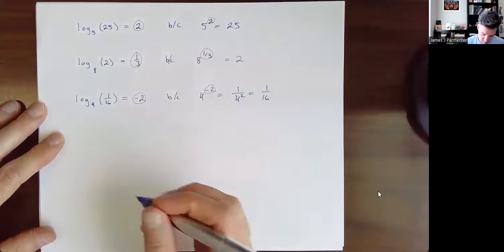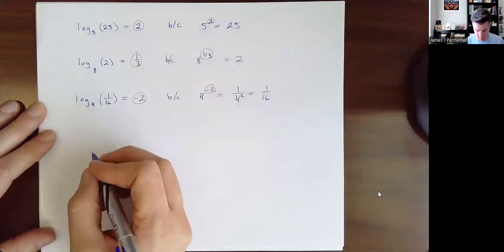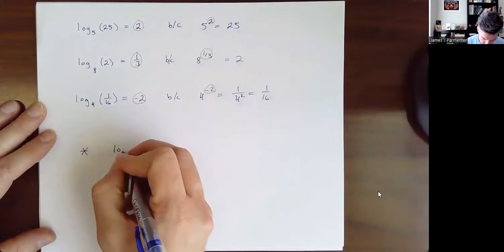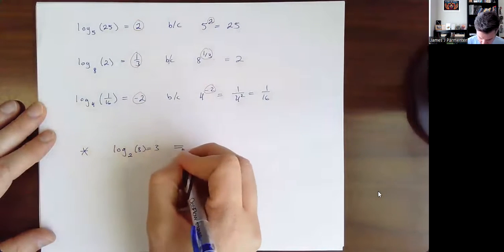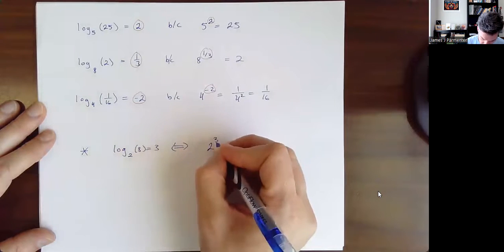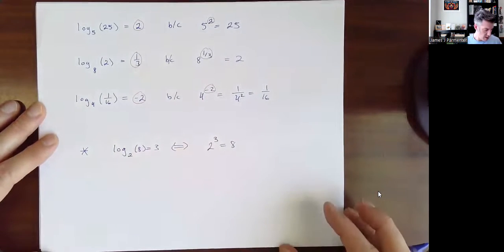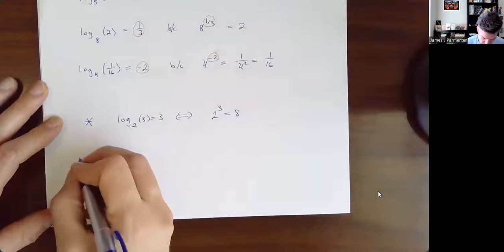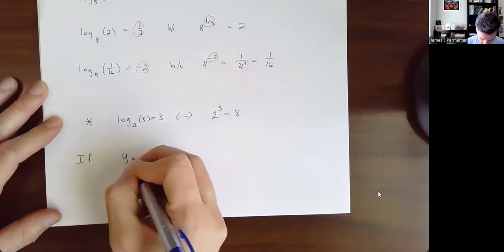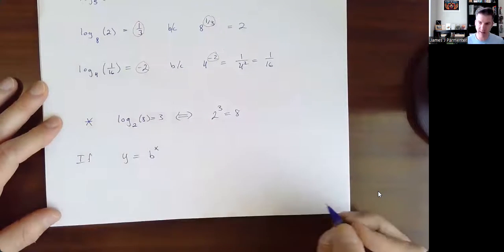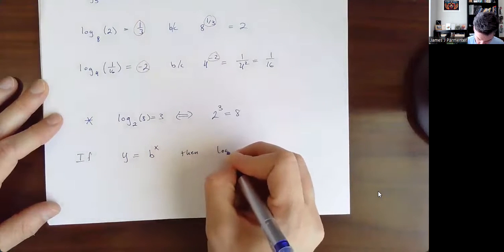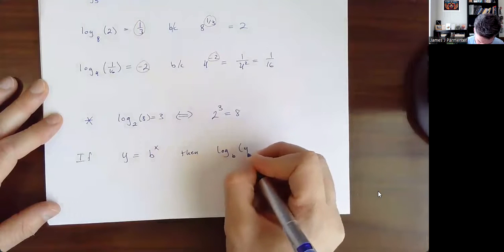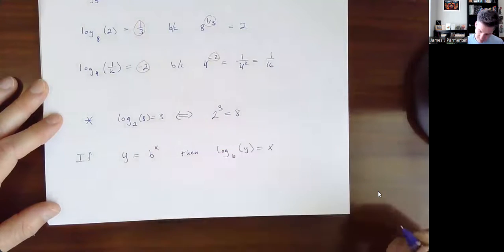And in general, again, I'm just going to remind you of my favorite one. I always remember this one. Log base 2 of 8 equals 3 because 2 to the third equals 8. And then very generally, we say that if y is equal to b to the x, that's equivalent to log base b of y equal to x.